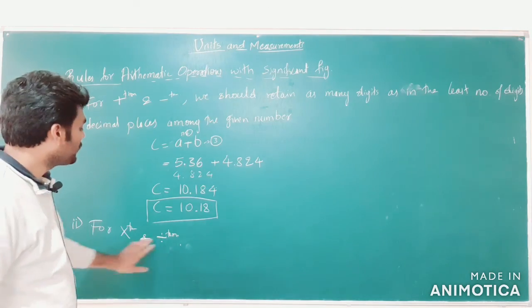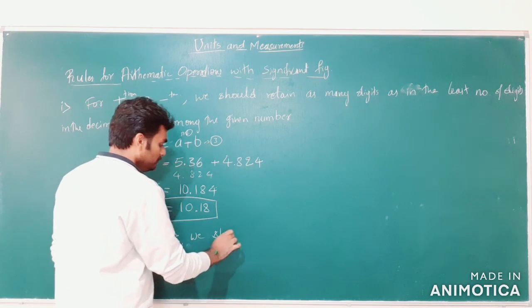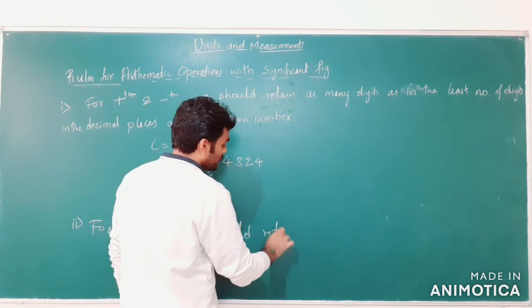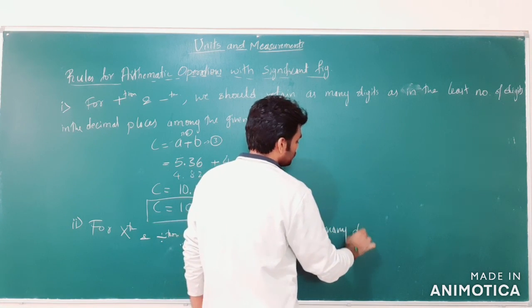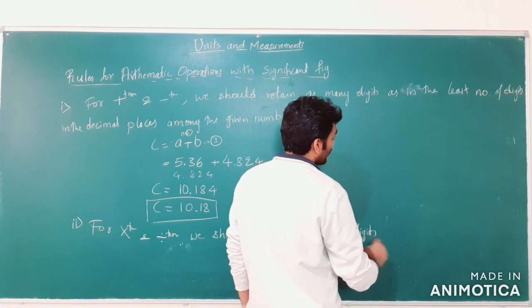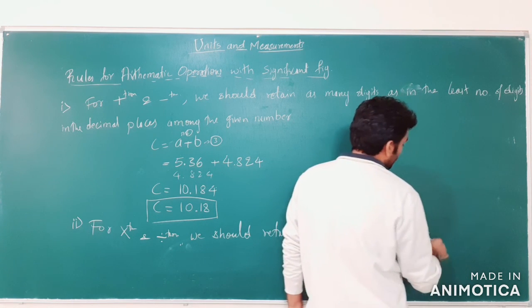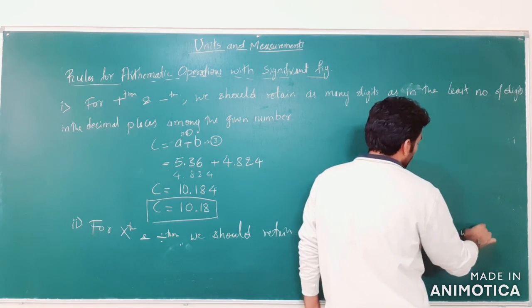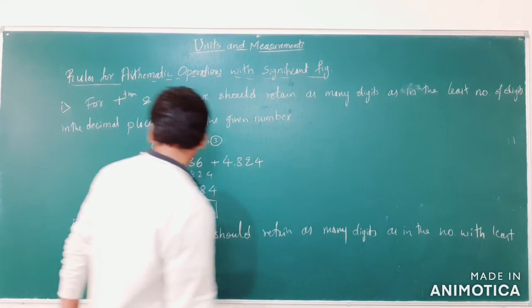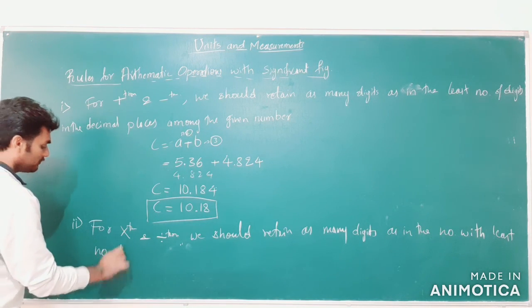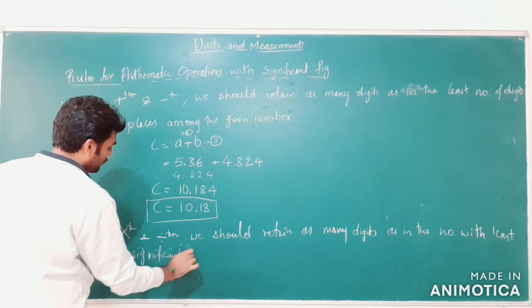This time for multiplication and division, we should retain as many digits as in the number with the least number of significant figures.